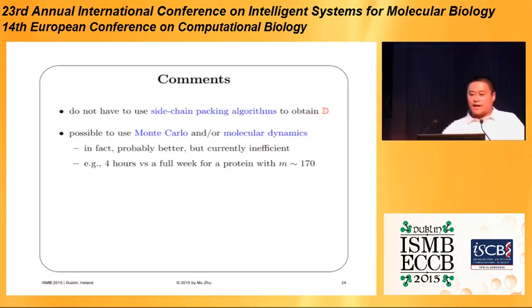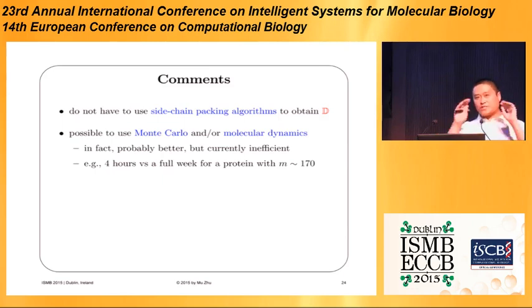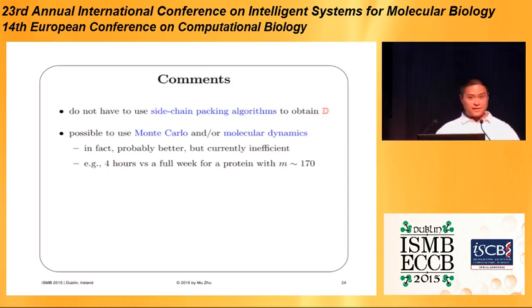So finally, before I end, I just want to make a comment about how we generated the data set. I did say that this is sort of a cheating way of generating the data set. A much better way is to actually use molecular dynamics simulation, because one criticism is, you fix 20% of the residues and you pack the rest. That structure may not even exist in nature, right?